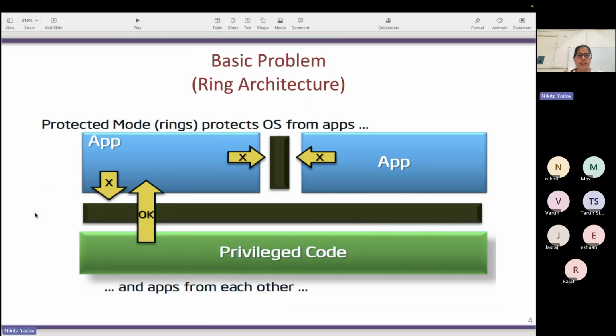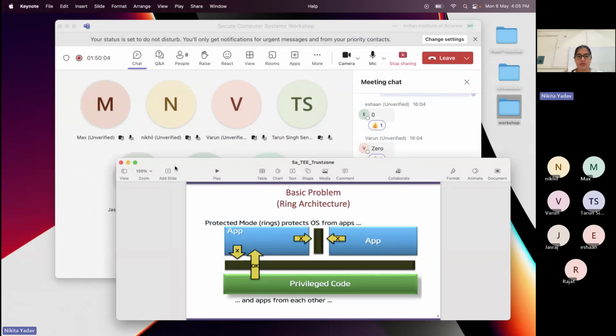Because of this ring architecture, your OS is the privileged software and it can access anything on your system. It can access all the applications, but the applications cannot access the OS code, data, or the other hardware on your system. And who enforces the isolation between the applications?